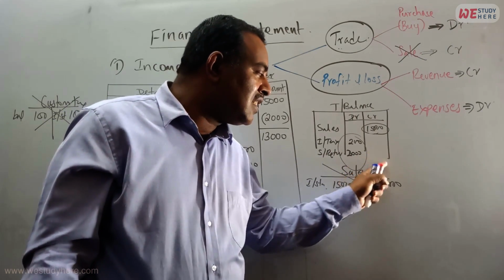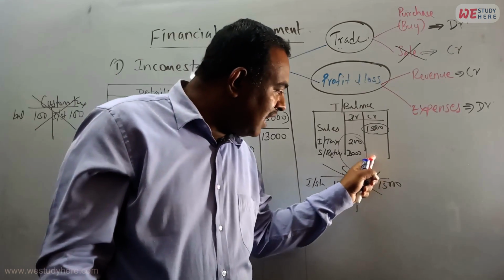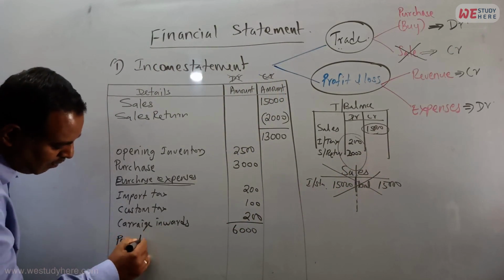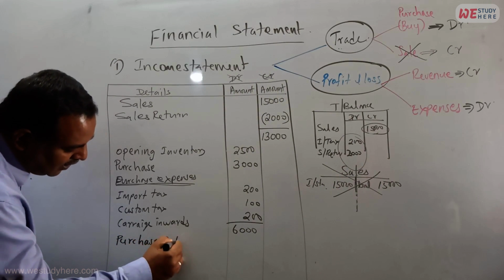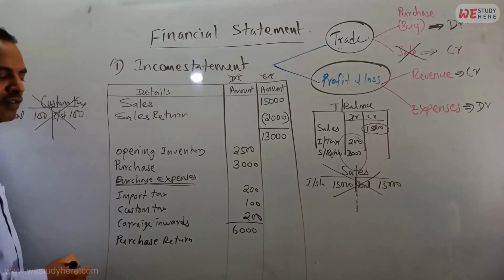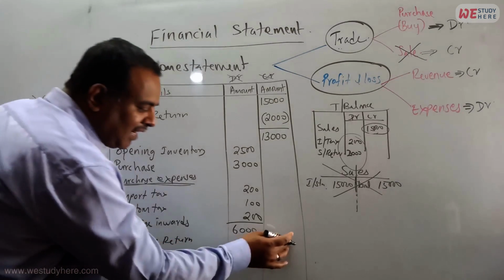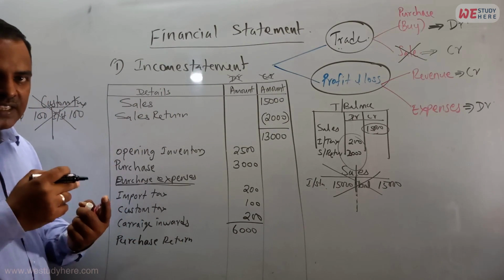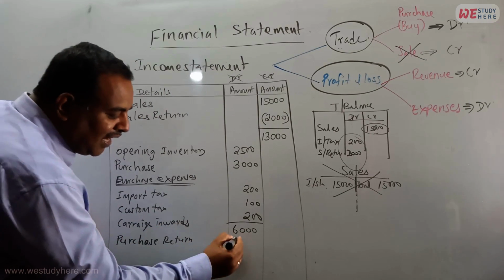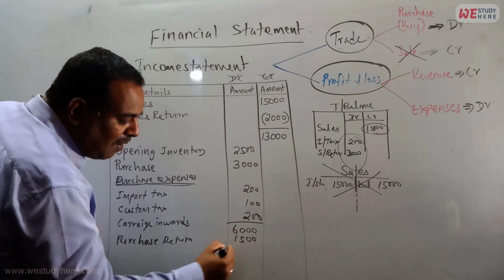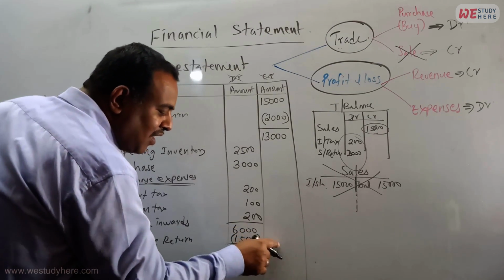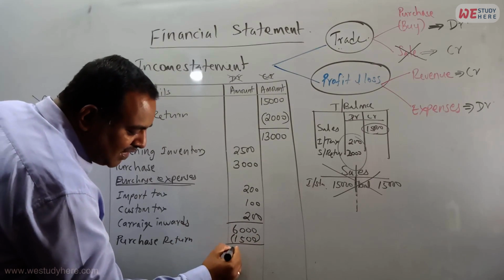Now, that credit balance, when you bring it here, purchase return, let's say $1,500, it should be on the credit side, but purchase return is related to purchases. Then you have to write it down here only. When you keep it on the debit side, you have to minus. Why? Because it is always a credit balance. You are keeping it here, then when you minus here, 4,500.